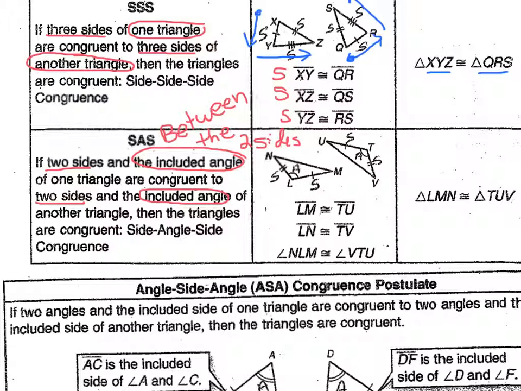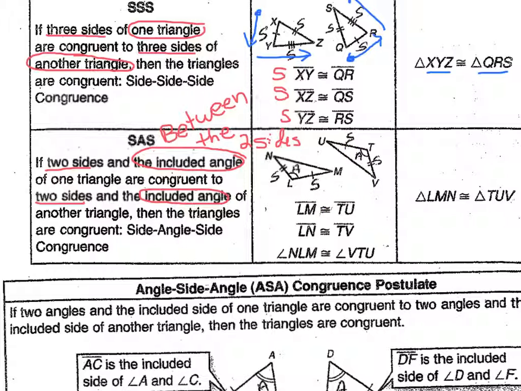So notice that that is given over here. Angle T is the included angle, and that's between the 2 congruent sides. So when you label that, notice how they're giving LM that has 1 congruency mark, LM is congruent to UT or TU, and that is this one.